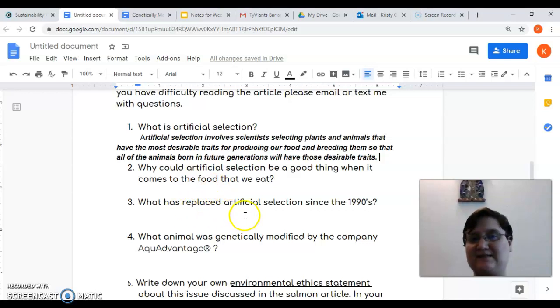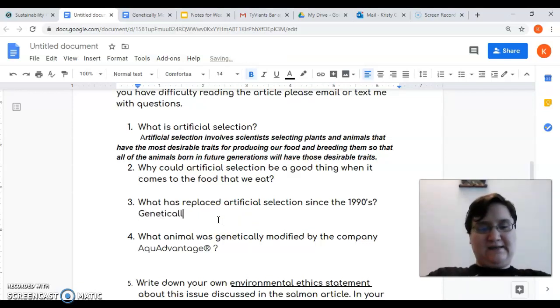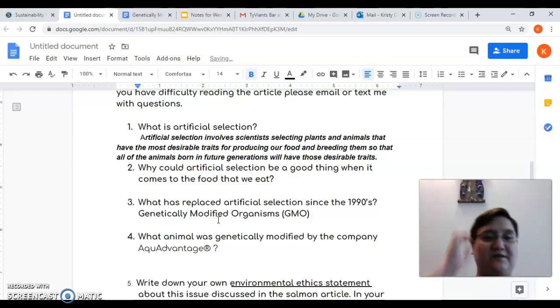What has replaced artificial selection since the 1990s? Genetically modified organisms. And we abbreviate this with GMO, right? Genetically modified organisms. So if you're a little confused, I'm just going to recap.